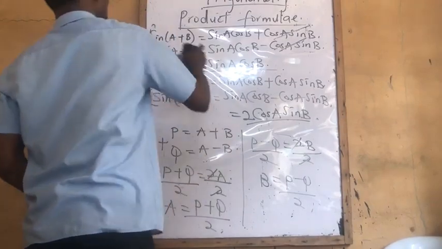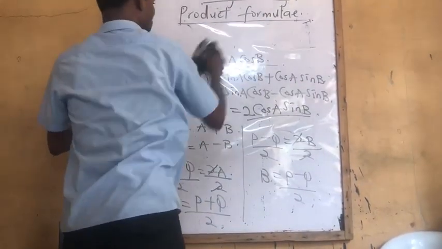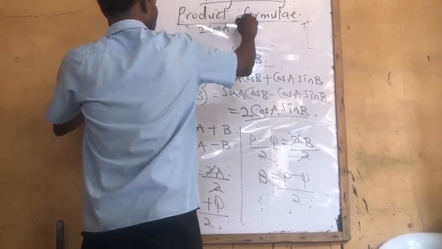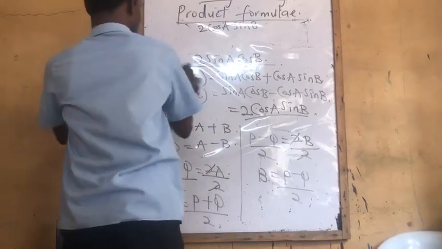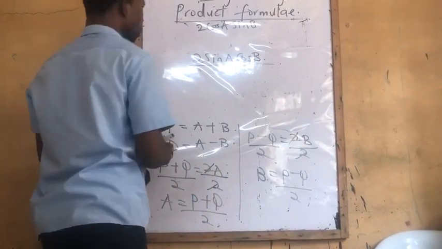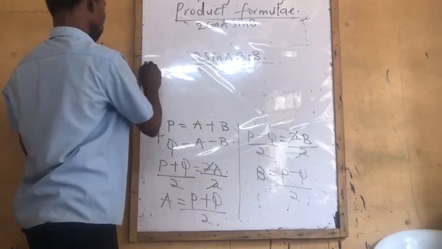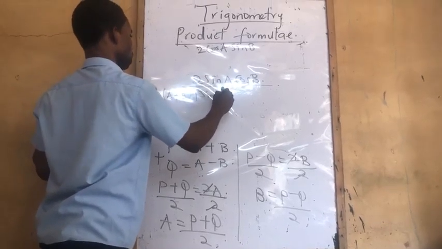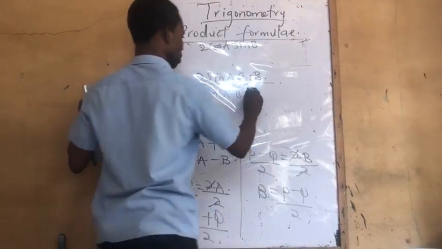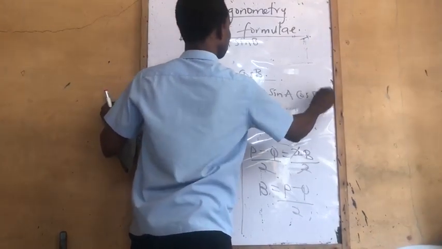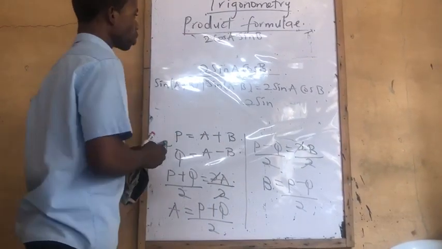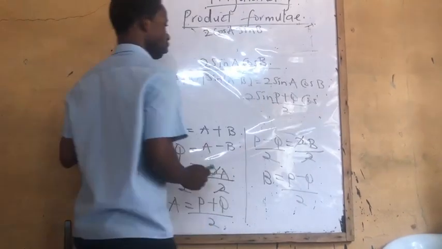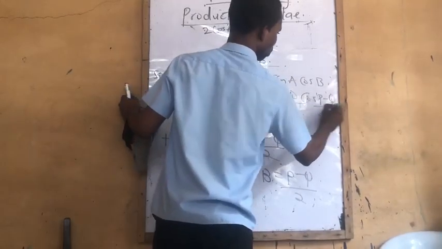Do not forget, when we add sine A plus B plus sine A minus B, that gives me 2 sine A cos B. That will be 2 sine, and my A is P plus Q over 2, cos, and my B is P minus Q all over 2.